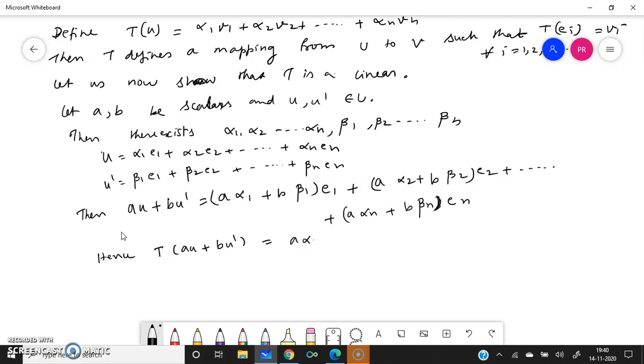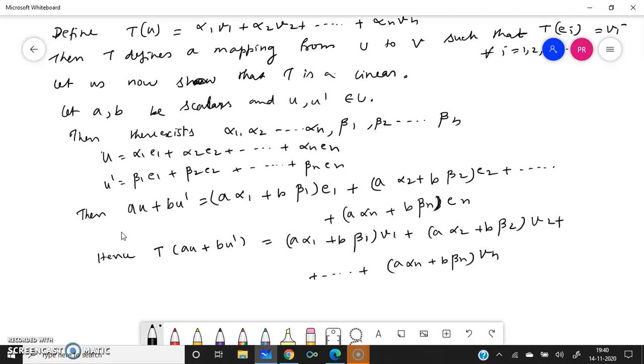Same way, (a alpha 1 plus b beta 1), these are ultimately scalars, into v1 plus (a alpha 2 plus b beta 2) into v2 plus and so on plus (a alpha n plus b beta n) into vn.